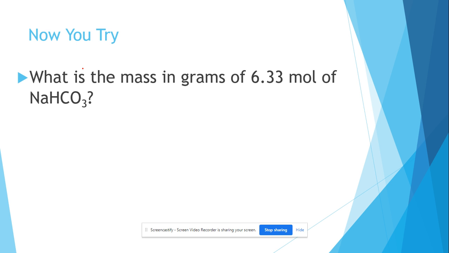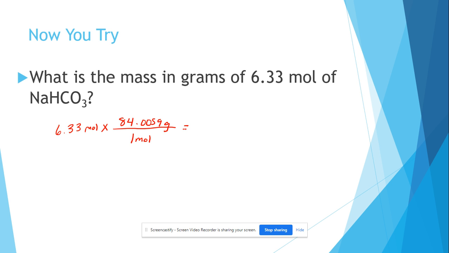If you were to do this problem, again, you start with what you know, 6.33 moles. To cancel moles, it would go on the bottom, and then you would have to find your molar mass. Hopefully you guys got 84.0059 grams.